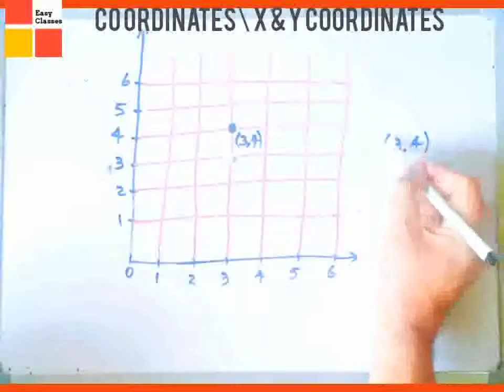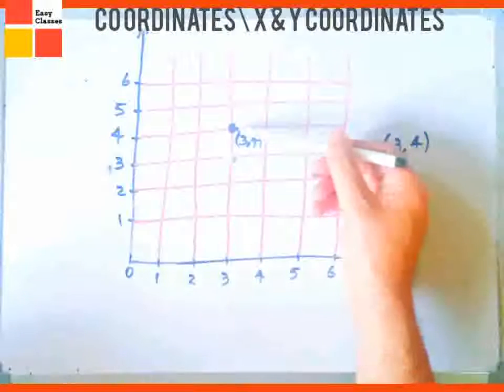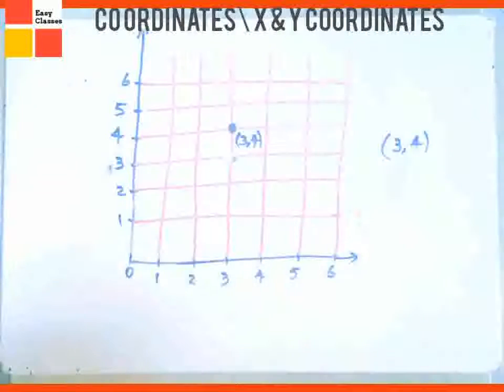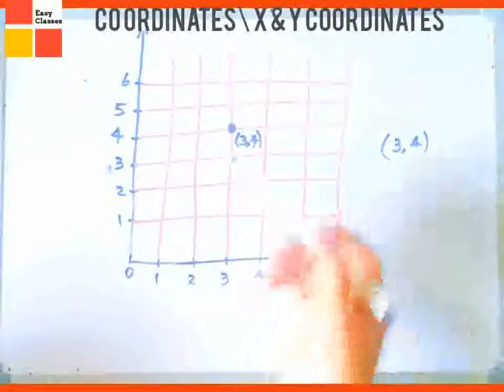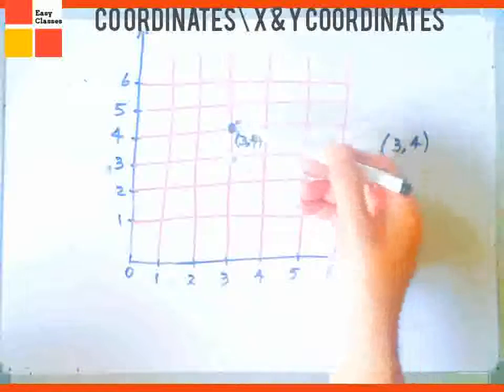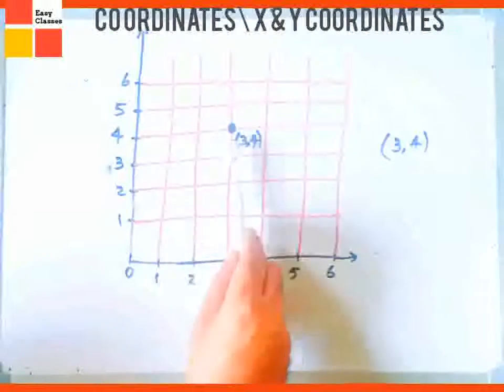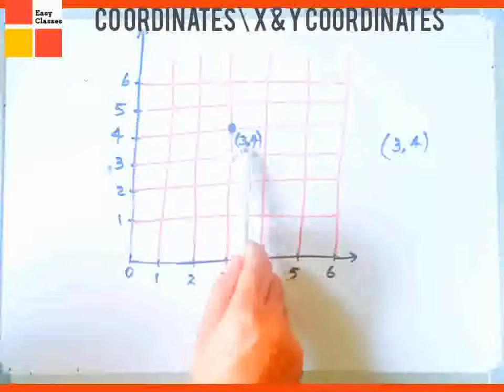What does that mean? This point over here is 1, 2, 3, 4 points away.